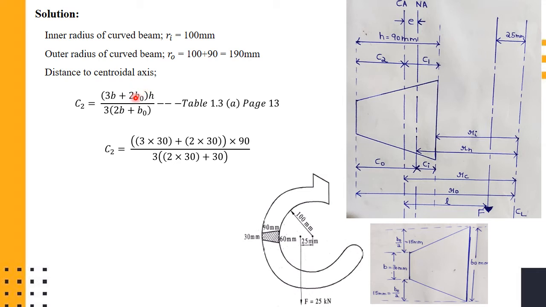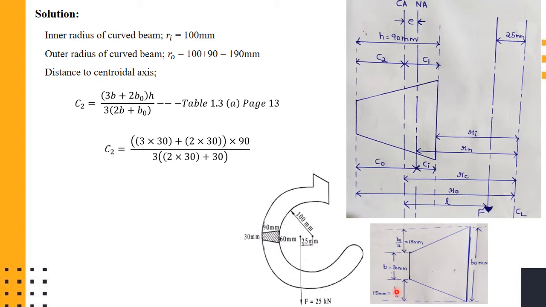So what is B0? Refer to this figure itself, that is in table 1.3a. The distance from the smaller side to the end of the larger side, this distance is given as b0 by 2, and here also b0 by 2. If you add b0 by 2 plus b0 by 2, it will be nothing but 2b0 by 2.